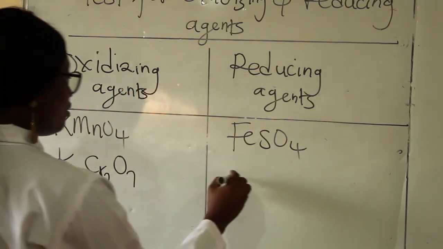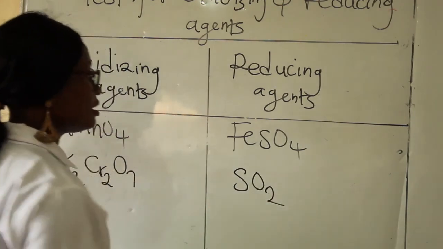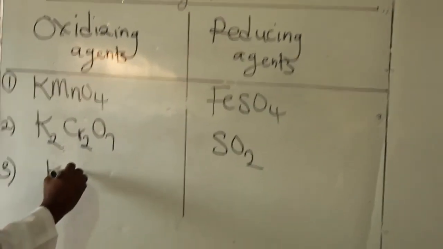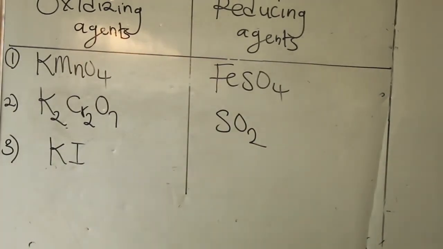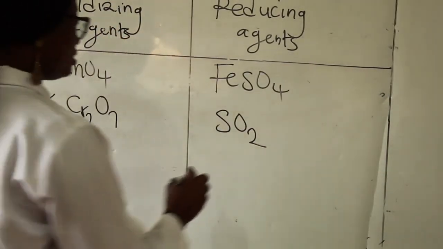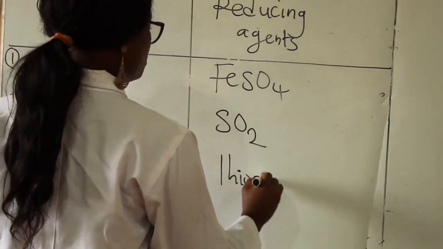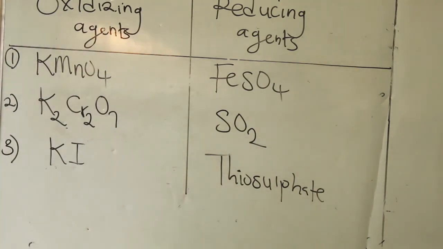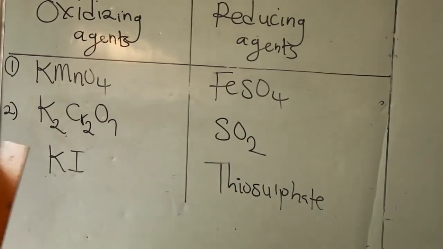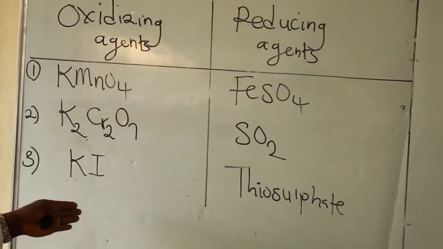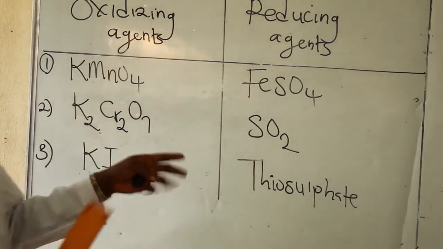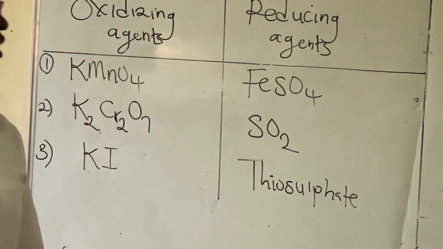Example here is sulfur 4 oxide as a reducing agent. Okay, another example is potassium iodide. An example here is thiosulfate. The compound is complex, that's why I have to write the name. So let me just stop here. If you see these compounds in any reaction, know that they are oxidizing agents. While if you see this one, know that they are reducing agents.